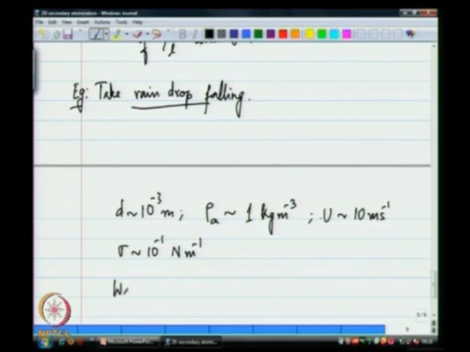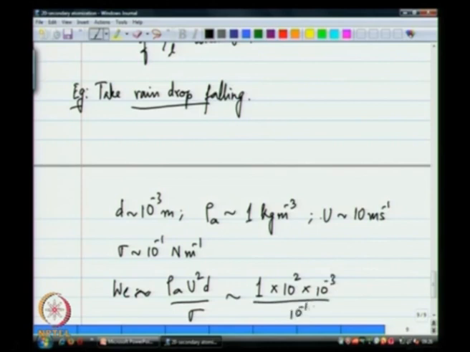So, given this, the order of magnitude of the Weber number for approximately a 1 mm raindrop falling through air at a terminal velocity of about 10 meters per second gives you a Weber number of about 1.